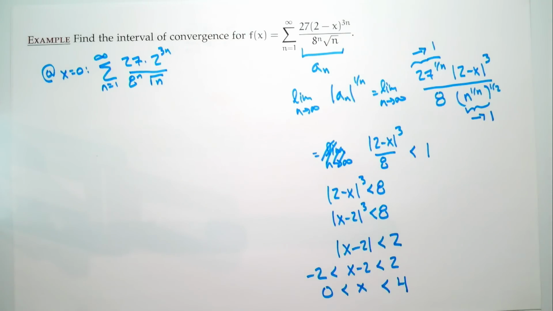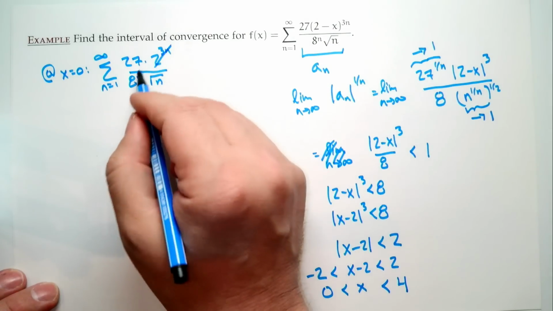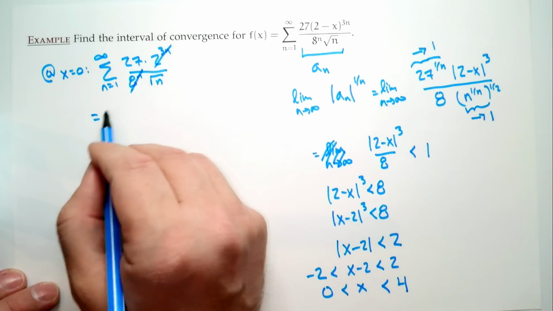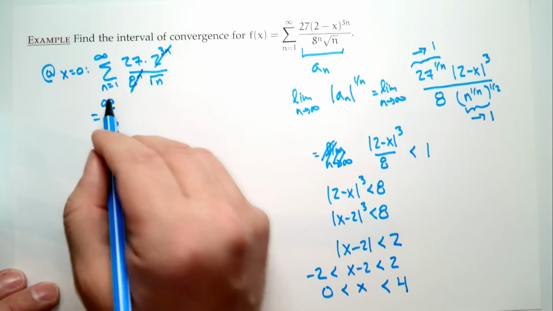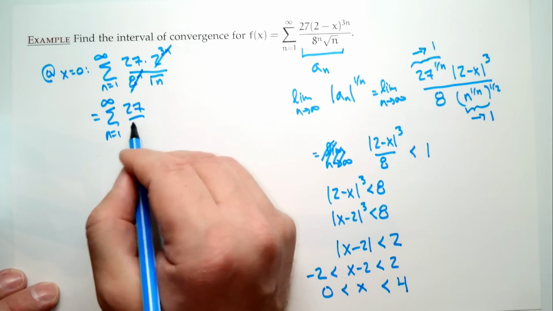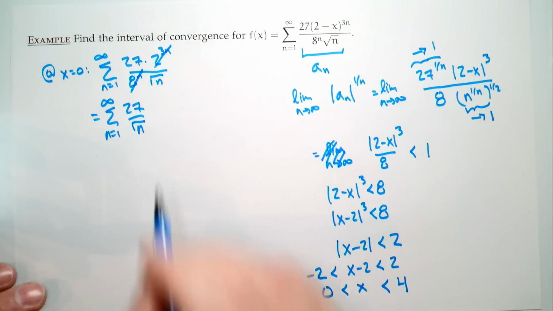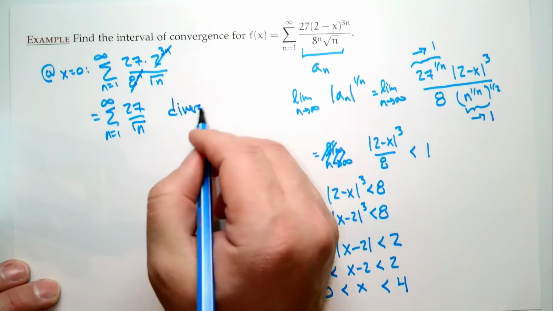It's like 2 cubed to the n, or 8 to the n. So these are actually set up to cancel. So we end up with a summation, n equals 1 to infinity, of 27 over square root of n. Does this converge or diverge? Diverges because it's a p-series.